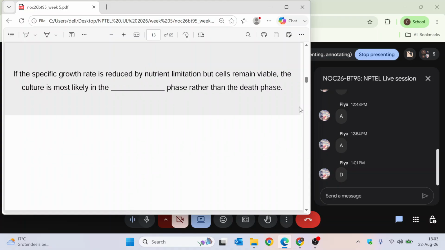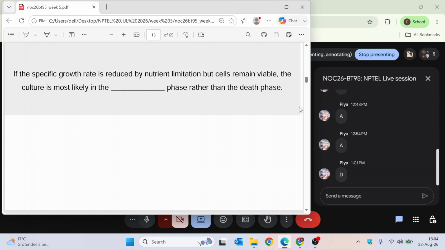Okay, so with that we have completed all the assertion and reasoning. I have questions from different types, like I told, problems are in the last section. Then we have fill in the blanks, and some match the following questions to discuss all the concepts. So the next question is, if the specific growth rate is reduced by nutrient limitation but cells remain viable, the culture is most likely in what phase rather than the death phase?